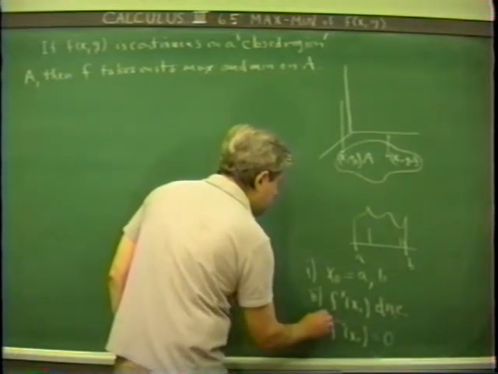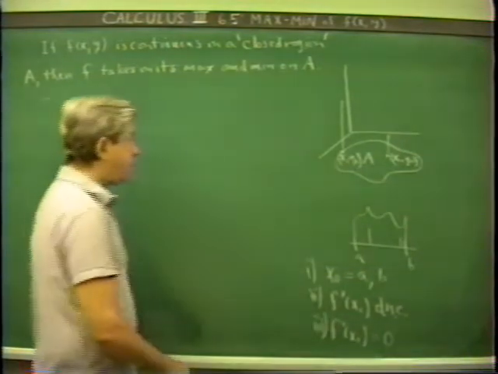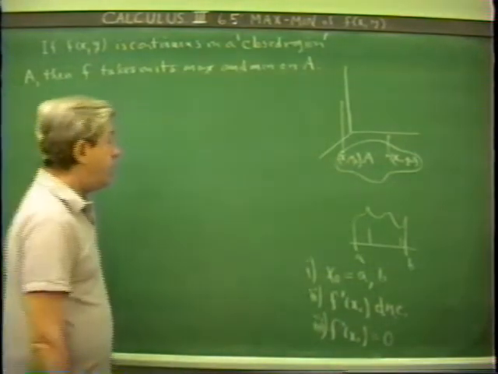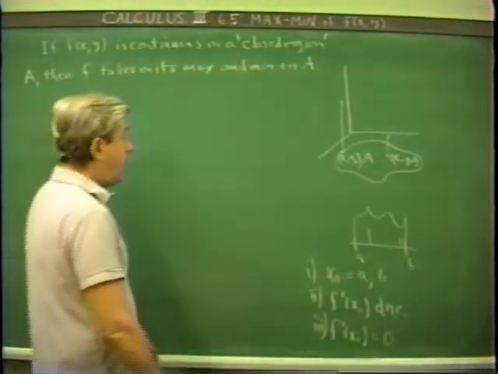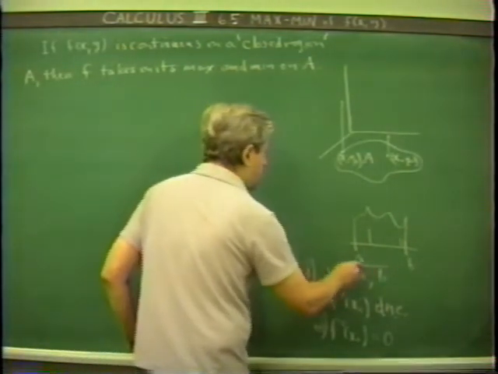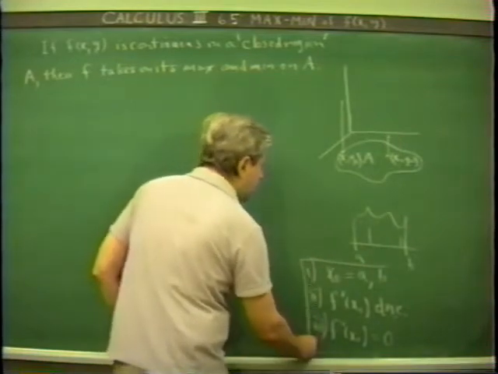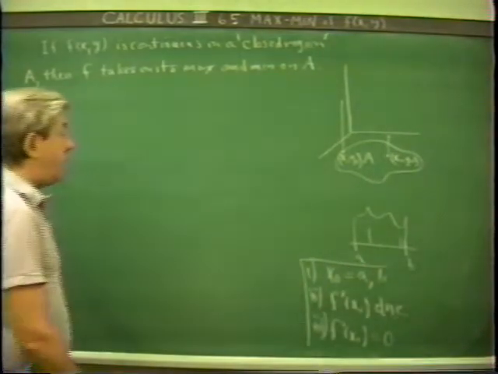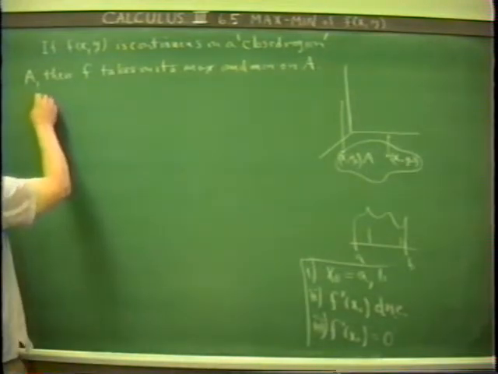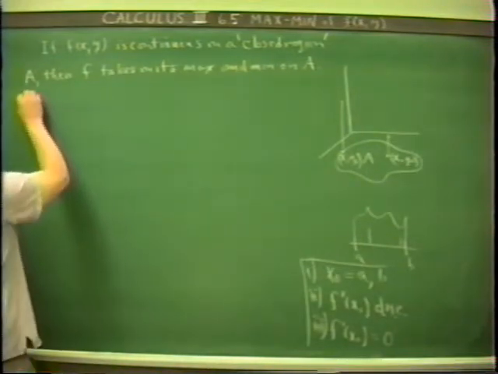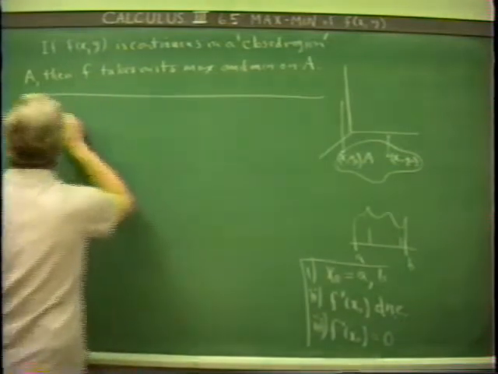So what you normally do is you check all three of these collections of points to find out where the function takes on its maximum or minimum. And actually, this is true of a function whether it's continuous or not. That's to say, these are the only points where it can take on its maximum or minimum. The same type of thing holds here for functions of several variables.